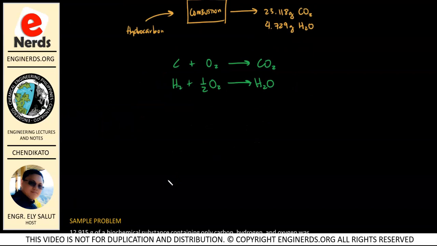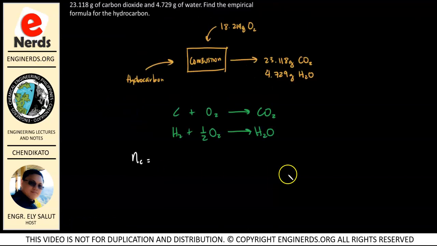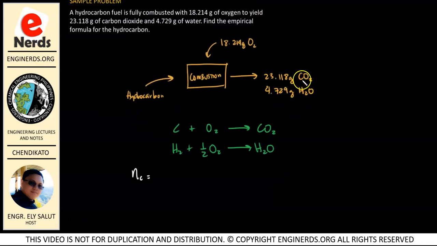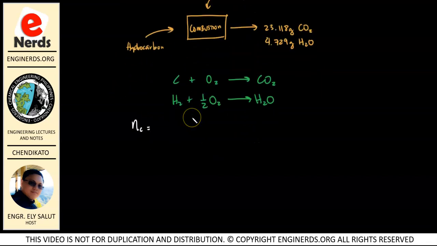Okay, so let us try to find kung ano yung number of moles ng carbon. And we can determine that based sa product nating CO2. Okay, because in our material balance, alam natin na lahat ng ating carbon is coming from our hydrocarbon. Okay, so we have 23.118 grams of CO2.